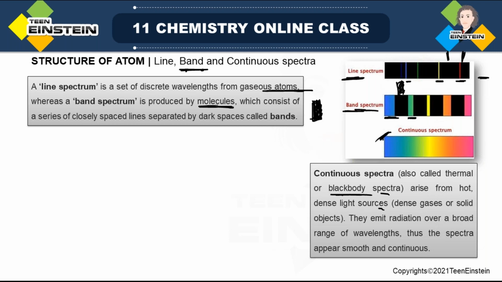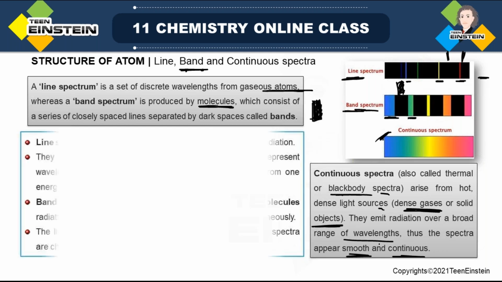It may be a black body, it may be some dense gaseous or solid objects. These are the source of continuous spectra, because they can emit radiation over a broad range of wavelengths. It is not that some specific wavelengths are present, all the wavelengths are present. So that is why it appears smooth and continuous, and the name is such, continuous spectrum.